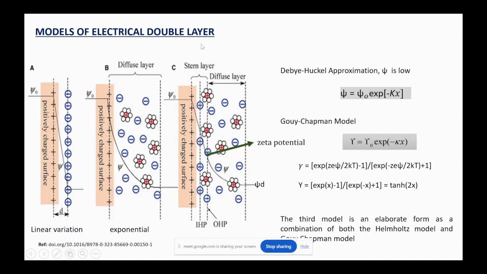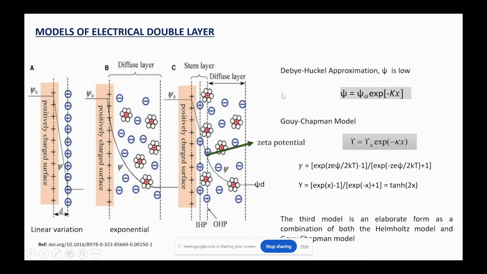The third was the combination of both: up to a particular distance the variation is linear, and after that it is exponential. The region where the potential drops linearly was called the Stern layer, beyond which it was a diffusive layer. The potential at the transition was called the zeta potential.